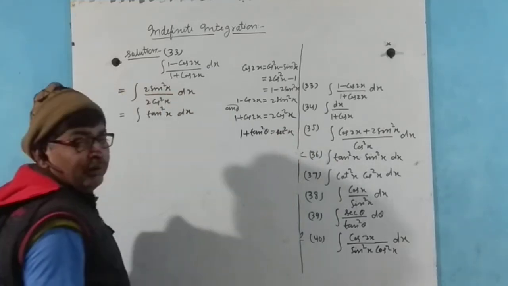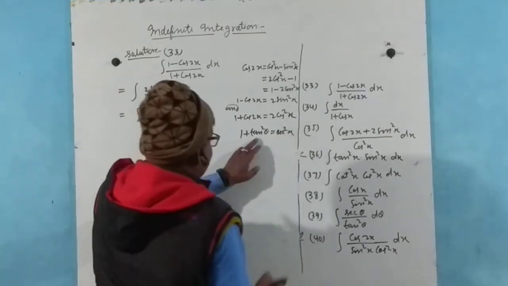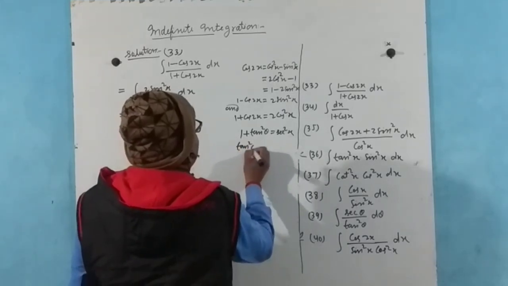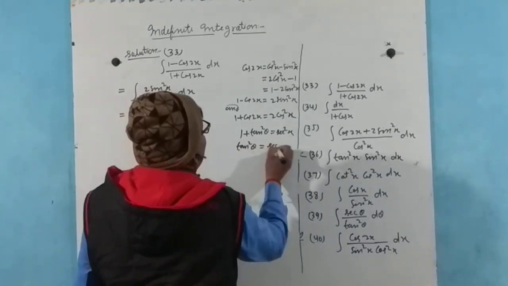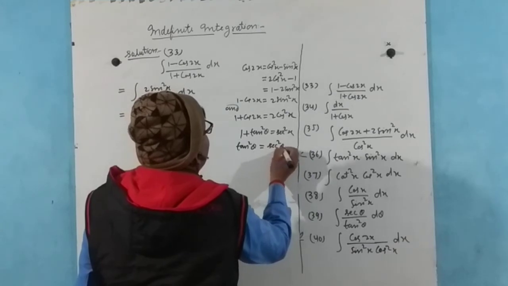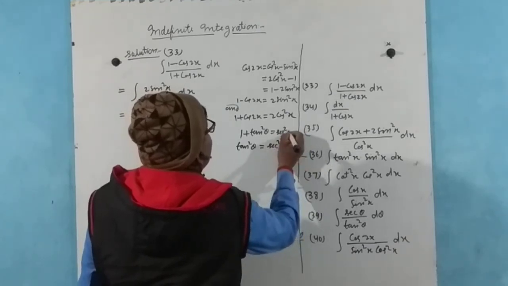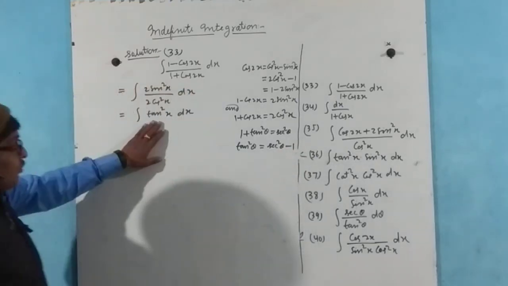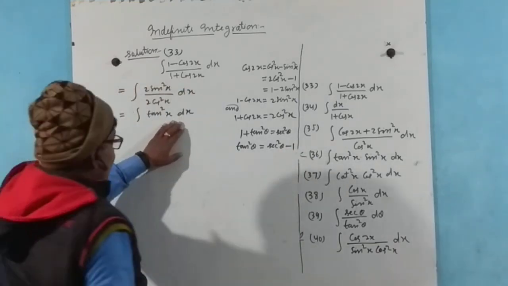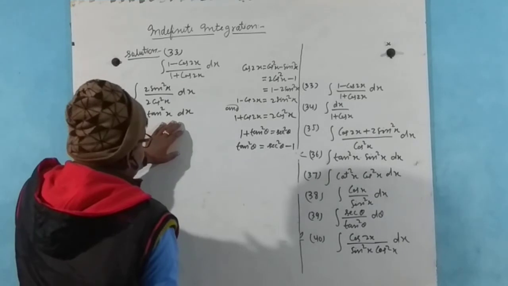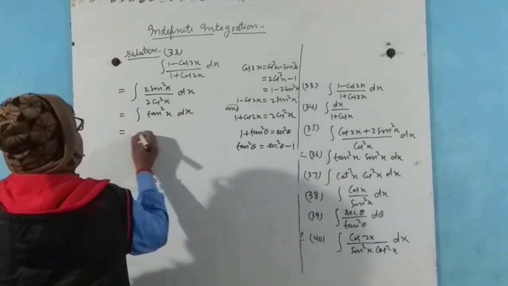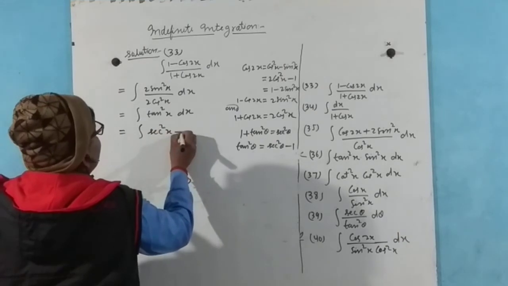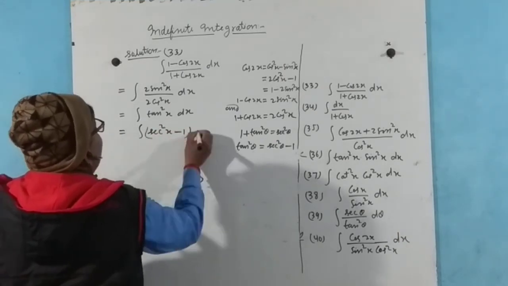This is also a formula, and on the basis of this, tan square theta equals sec square theta minus 1, so tan square x equals sec square x minus 1, dx.